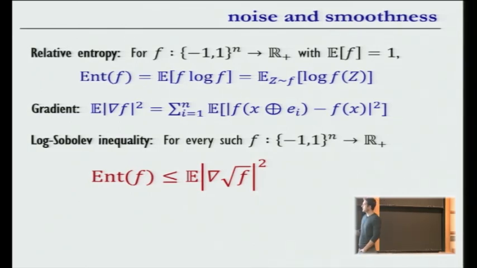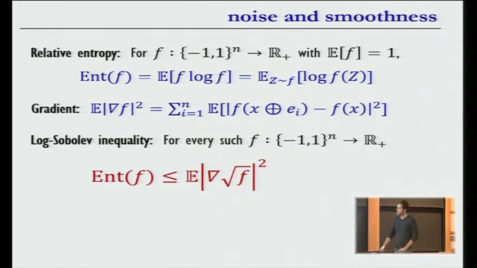And what this says, in words, is that the function F cannot be very spiky unless it changes a lot over edges, at least on average.